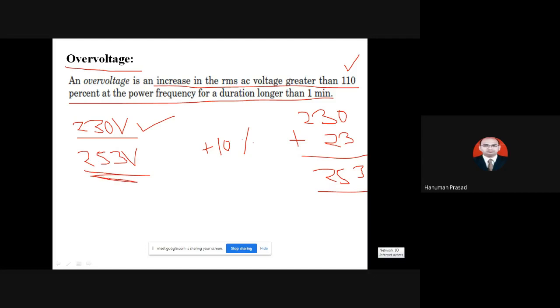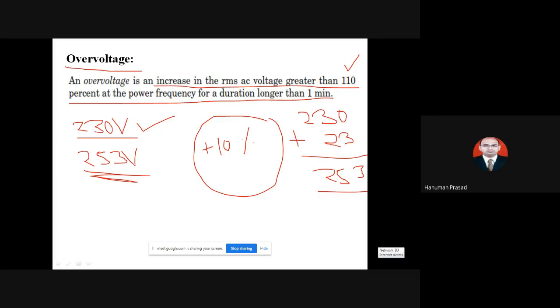110% means plus 10% more voltage for a duration longer than 1 minute. This is called over voltage. So over voltage means plus 10%, domestic 230 volt, but you are getting more than 253 volt, this is over voltage.